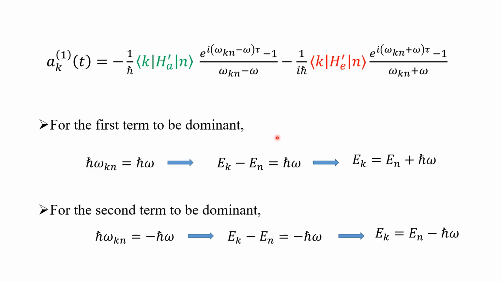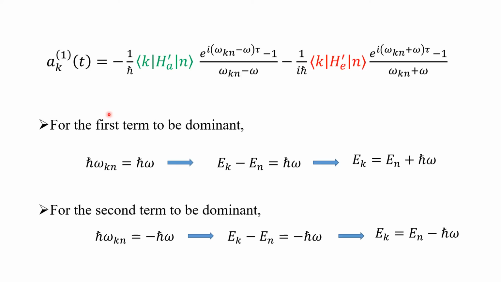Otherwise, if omega kn is equal to minus omega, then naturally this term will dominate, because the denominator omega kn plus omega will become 0, so this will become dominant. So we can ignore the first term. Depending upon the condition, either we can ignore the first term or the second term.